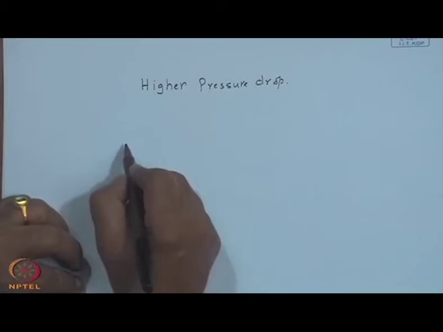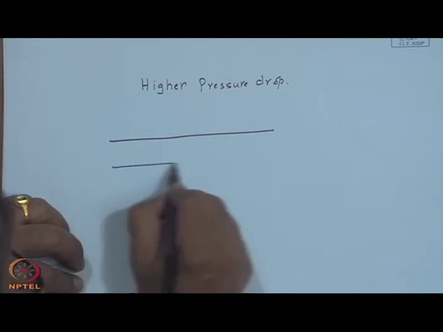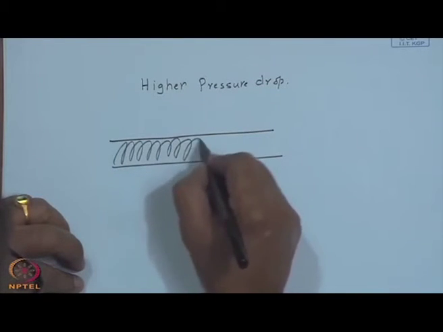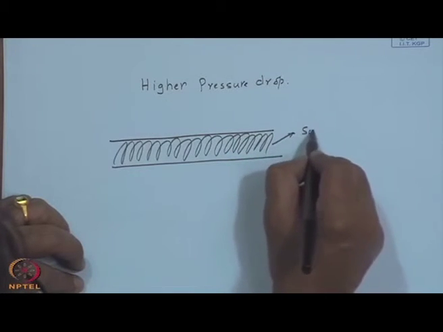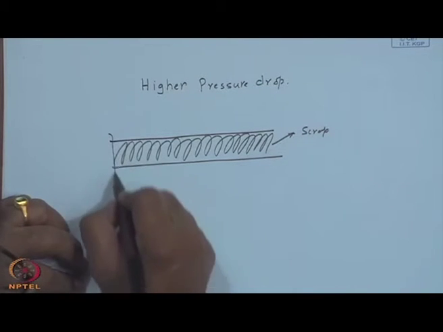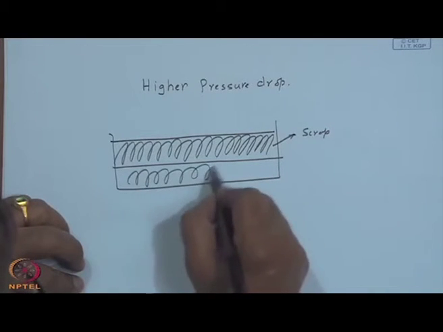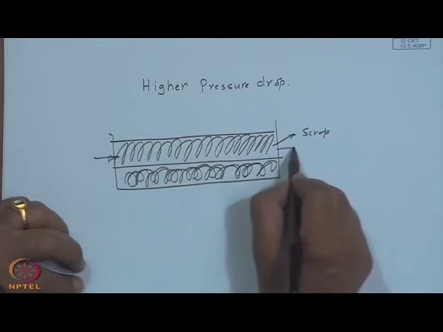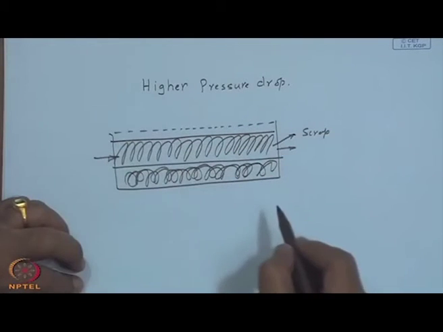Indeed, air collectors have also been suggested to be of this form. This entire thing is not insulation now, it is a scrap, and then bottom insulation. So, to distinguish I will put a double spiral and the flow is through this. Of course, you can have one glass cover.